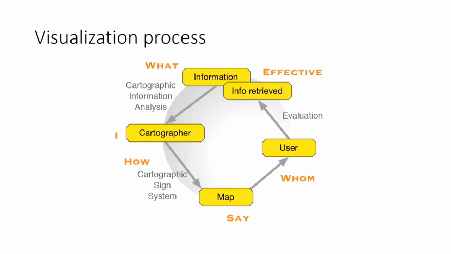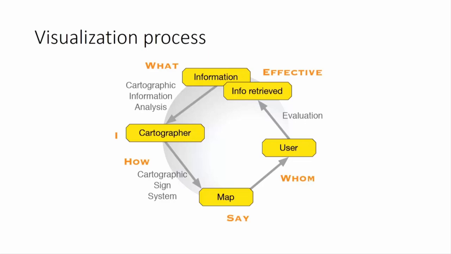In general, if we look into the visualization process, based on the questions you ask, we carry out a kind of cyclic activity. We have to look at what we want to represent as a cartographer according to our basic design requirements, and then based on your audience or the users, to whom we need to represent, your map has to be evaluated.